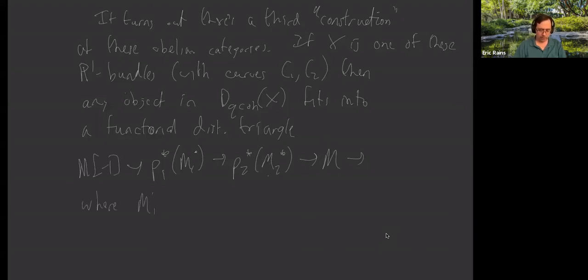Where M1 is a quasi-coherent complex on C1, and M2 is a quasi-coherent complex on C2. Okay.